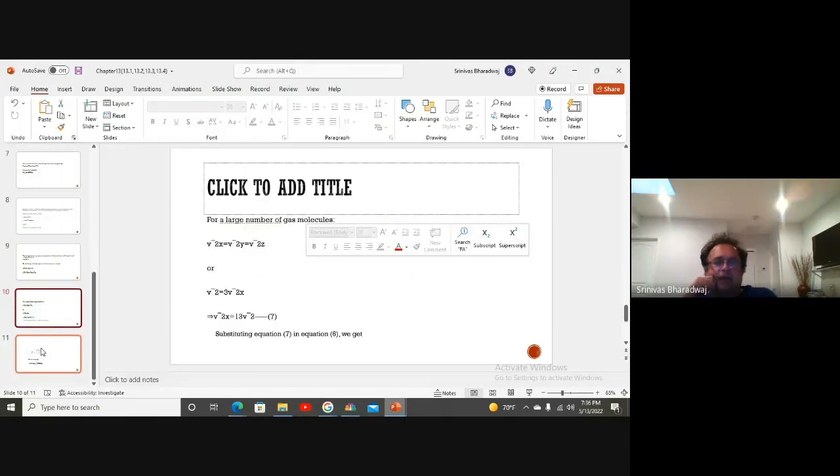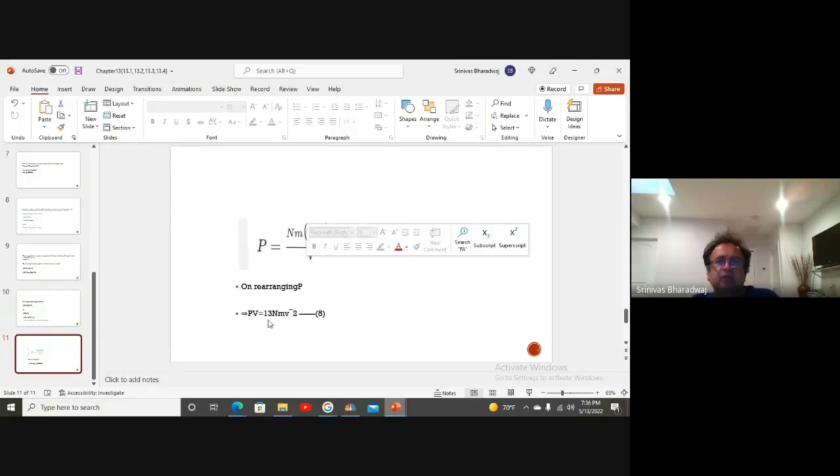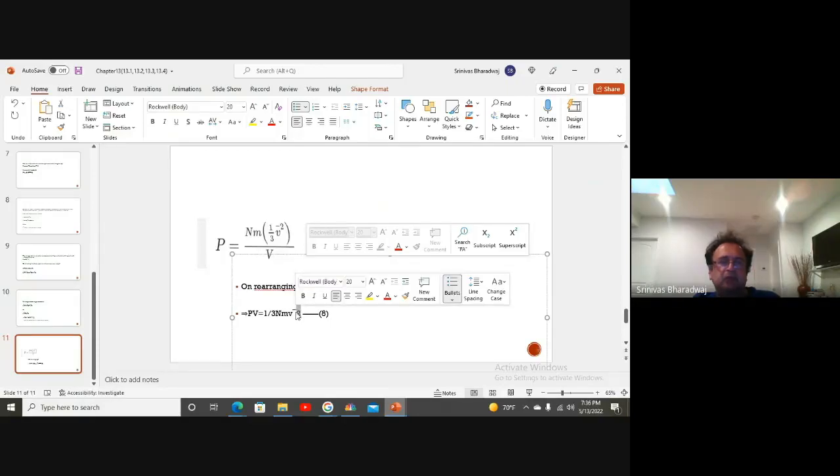When you substitute these equations, you end up with this important equation with respect to pressure: 1 by 3 times nmv square, where m is the mass and n is the number of molecules.